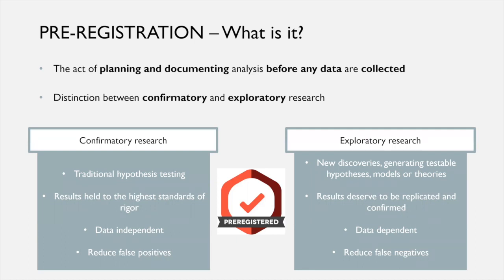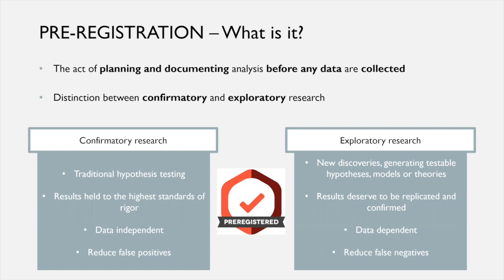research, confirmatory research. So in the first one, confirmatory research, we have this traditional hypothesis testing where the results hold the highest standards of rigor. In this confirmatory research, the data is independent and it reduces the false positives.